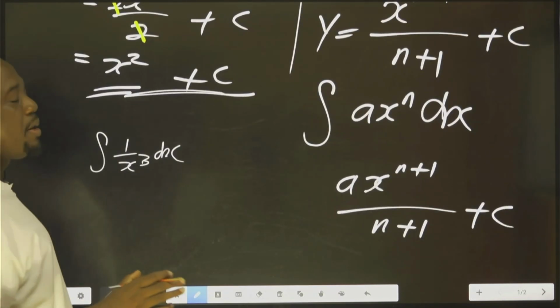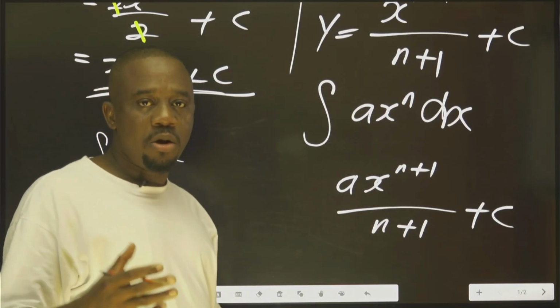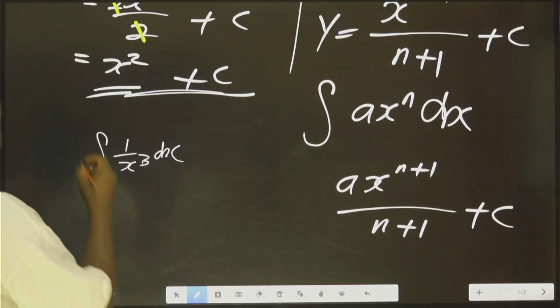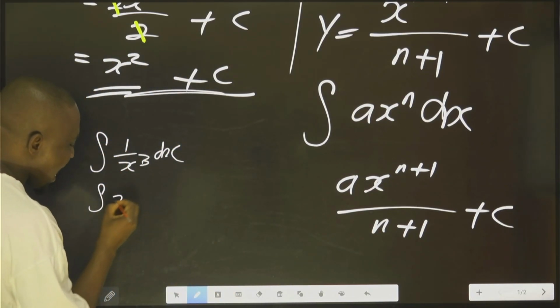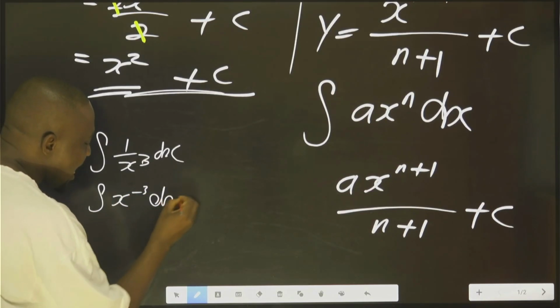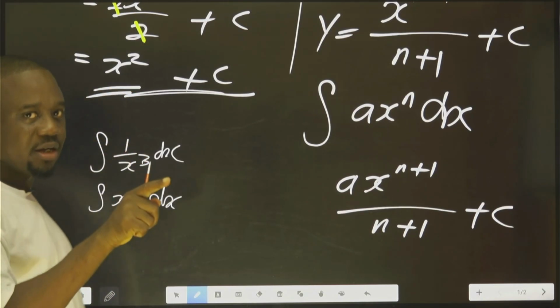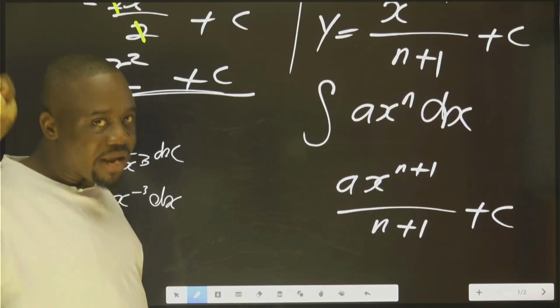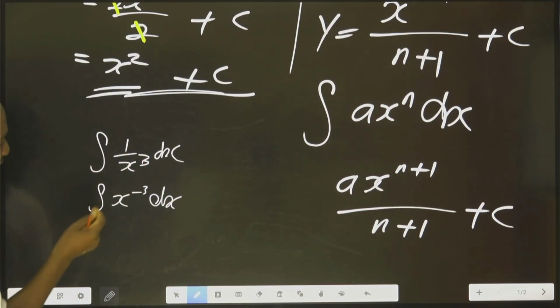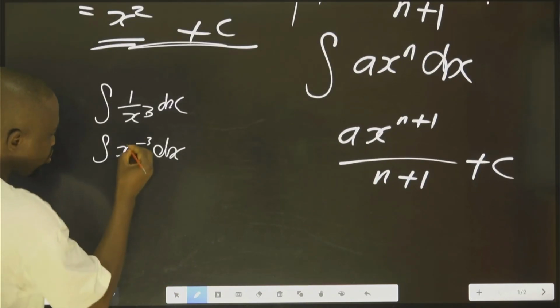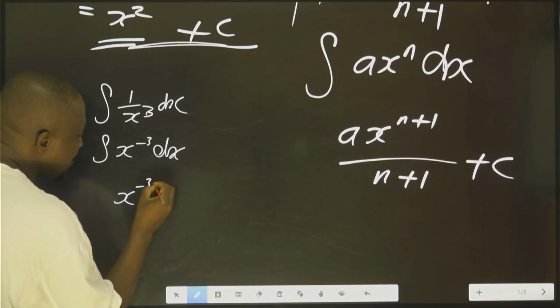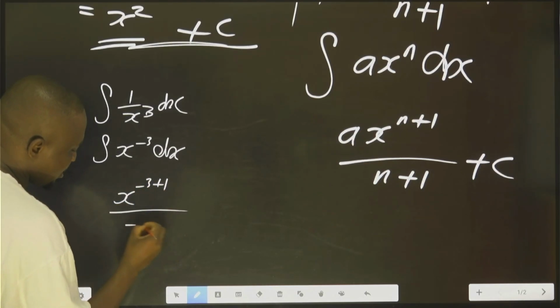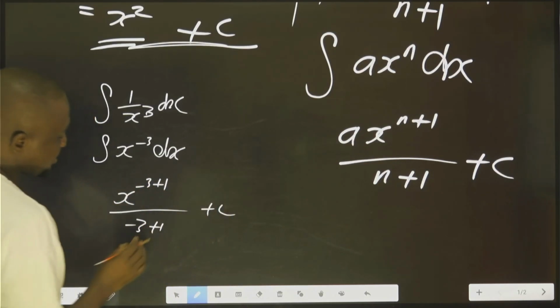Now you have to remember your indices, your exponentials. This simply means the integral of x⁻³ dx. Remember, when it is 1 over, it means raised to power minus. So we are simplifying this now. Minus 3 plus 1 over minus 3 plus 1, plus c.